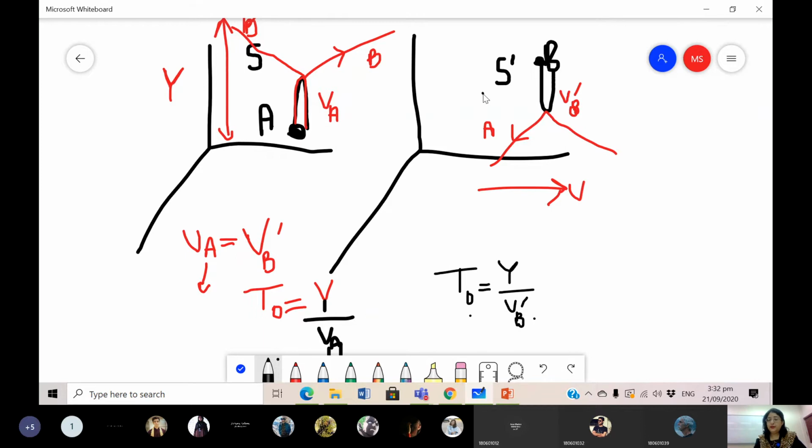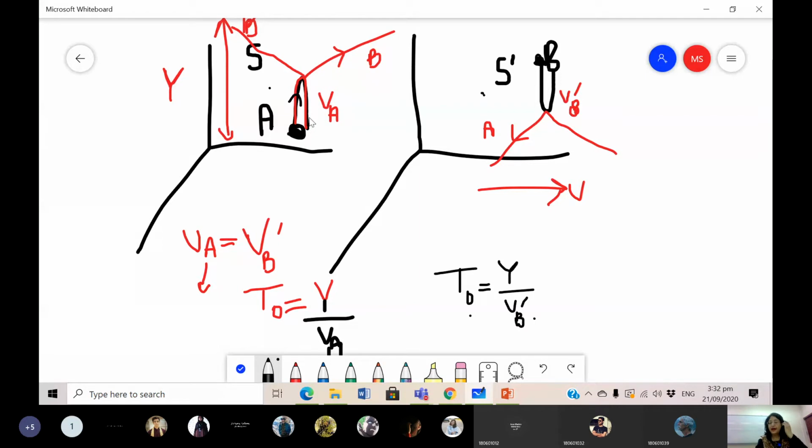Proper time is when the observer is in the same frame as the object that's moving. So if the observer is in this frame, it will observe B to move y distance with velocity VB dash. And when the observer is in this frame, it will observe A to move with velocity VA the distance y, because this is half y and this is the other half of y.